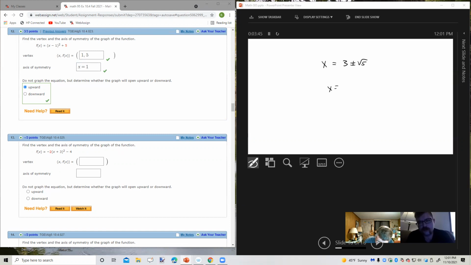Okay, so then you go x equals 3 plus the square root of 5, comma, 3 minus the square root of 5. What students will do sometimes is they'll put the comma inside the radical, and then WebAssign can't recognize that. So what you've got to do is make sure that you use your right arrow on your keyboard and move the comma outside of the radical. Okay, is that what you were talking about, I think?